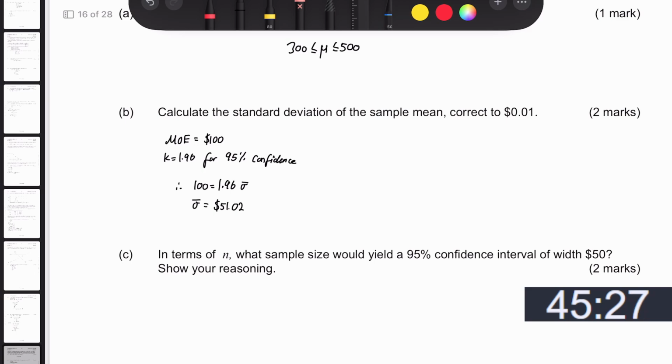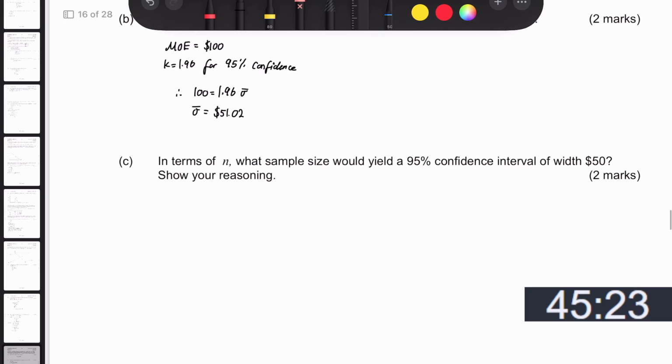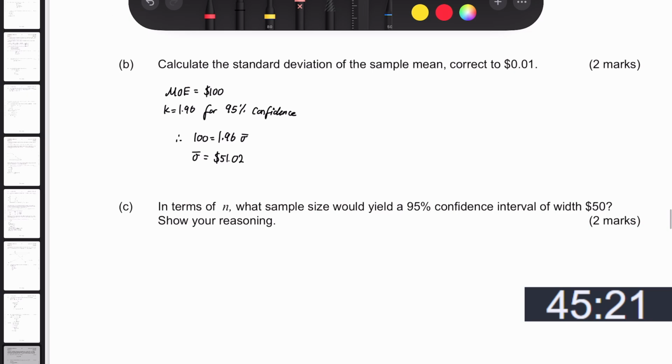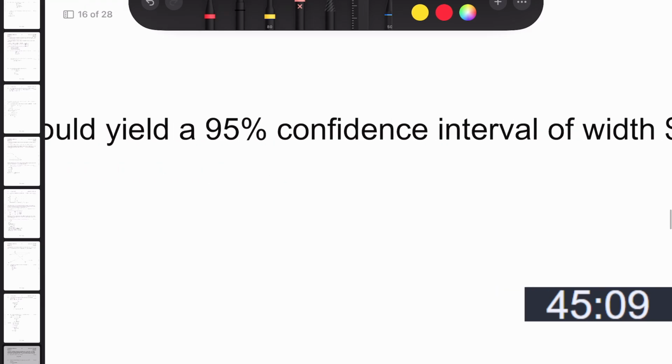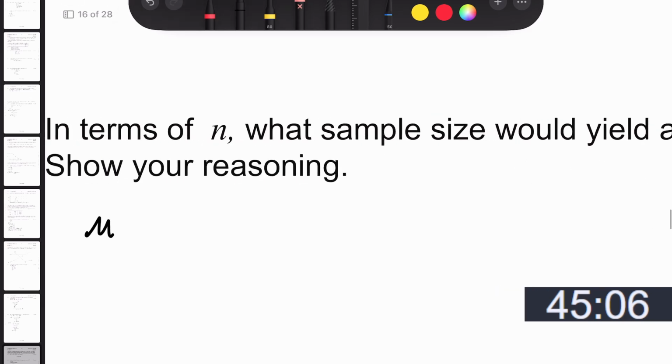In terms of n, what sample size would you need with a width of $50? Show your reasoning. With a width of $50, the margin of error equals 25.